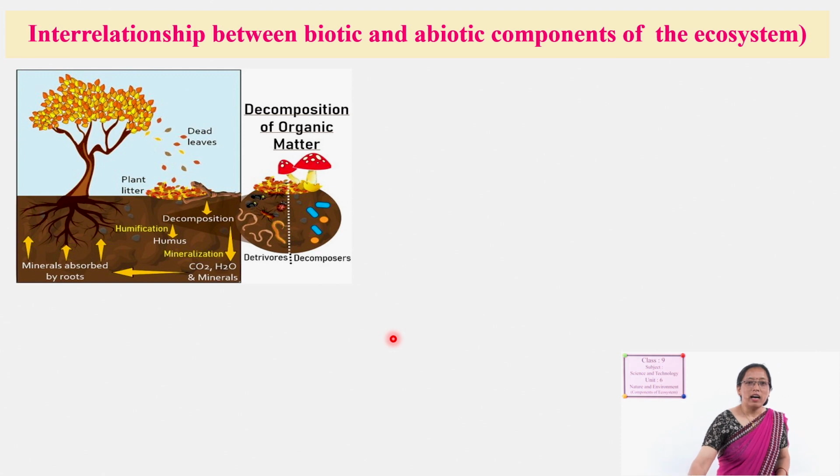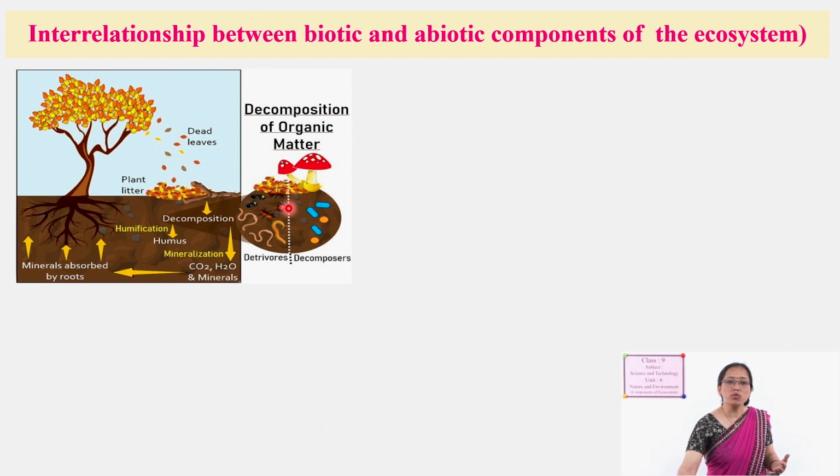Then, how do these plants and animals help nature? See, after the death of plants, when leaves fall down, or if a branch of a plant is broken, it will mix in the soil. There are different kinds of microorganisms present in the soil, like fungus. Already we have discussed these.